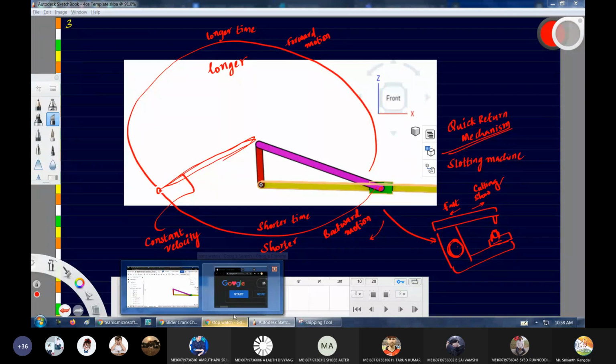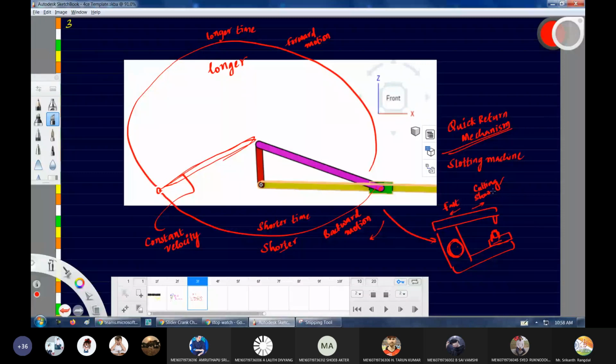In real systems, that is always the case. You are gaining more torque by losing speed, and gaining more speed by losing torque. If you want speed, the torque will go down. If you want torque, the speed will go down. That is how it functions.